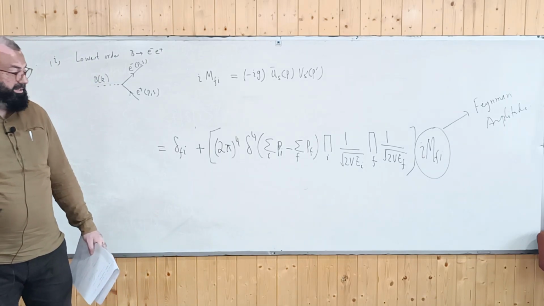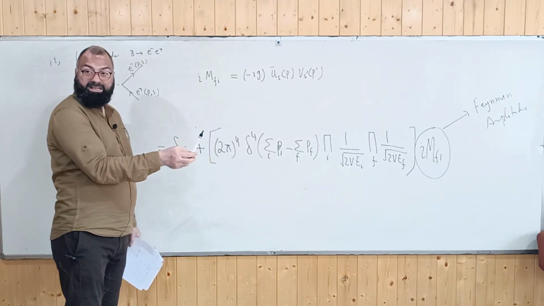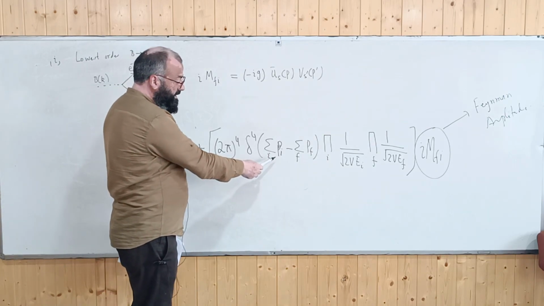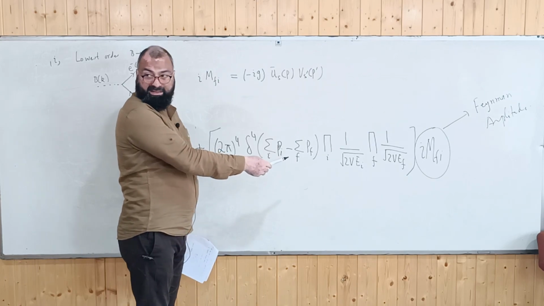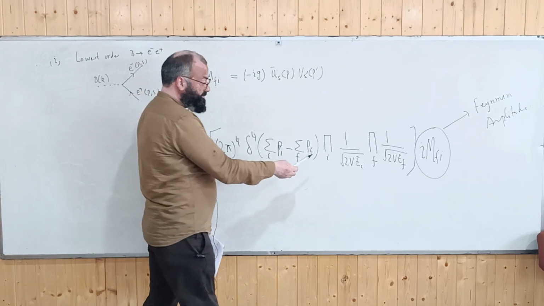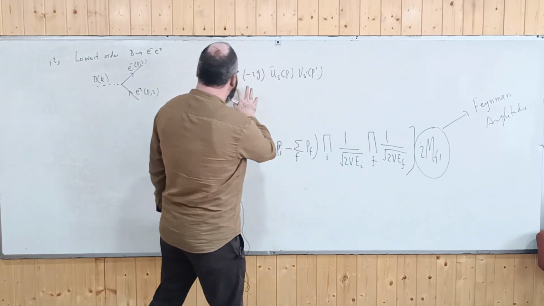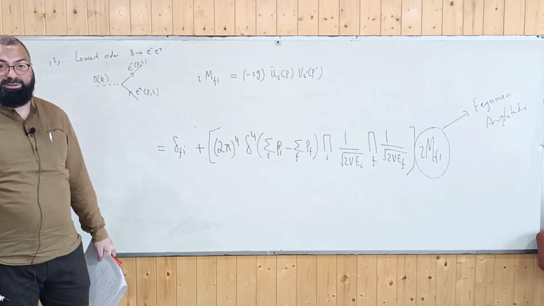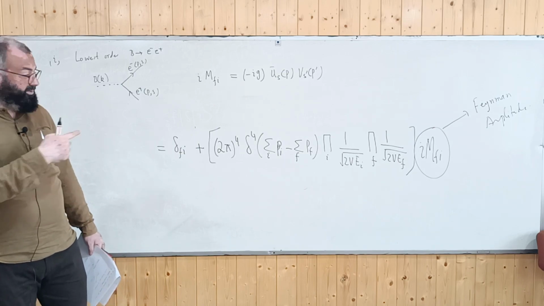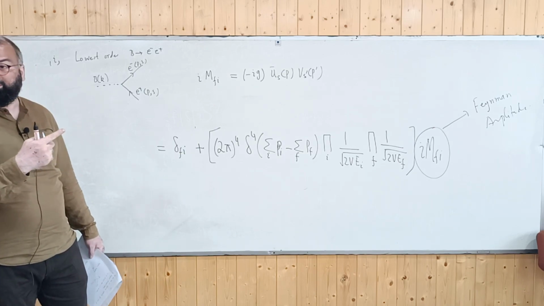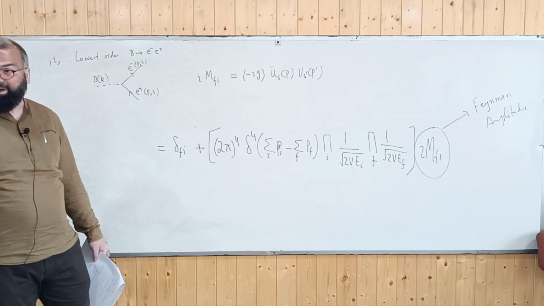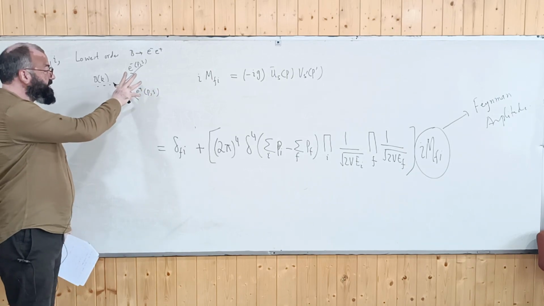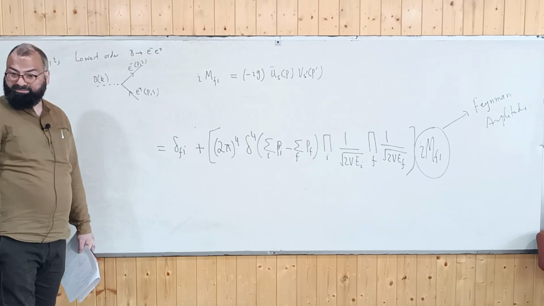Look at the calculation we had done: there, our S_fi was 2 pi raised to the power 4 delta 4 of P minus, let's say, K minus P prime, and then this factor. This we call the Feynman amplitude. Now look here: in the Feynman amplitude, for a scalar boson, whether it is an initial or final scalar boson, there is no factor. Only the fermion and the anti-fermion have a factor.